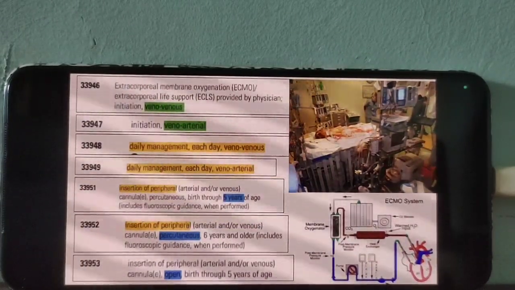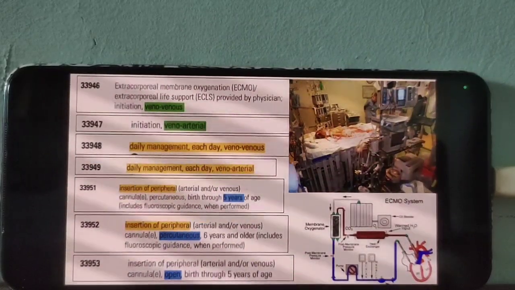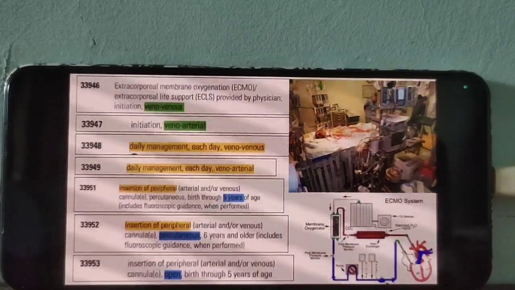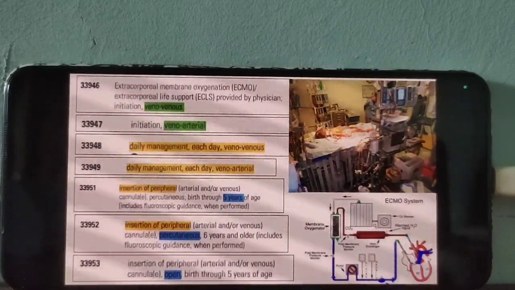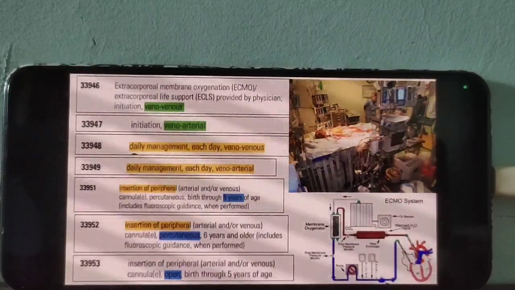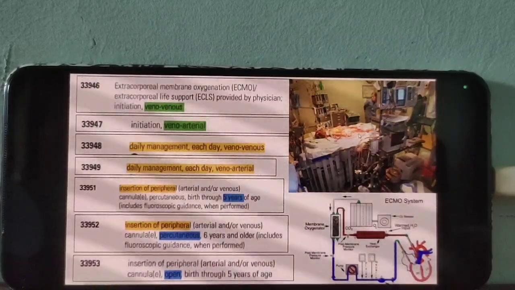ECMO means extracorporeal membrane oxygenation, or extracorporeal life support. See, this is the image.